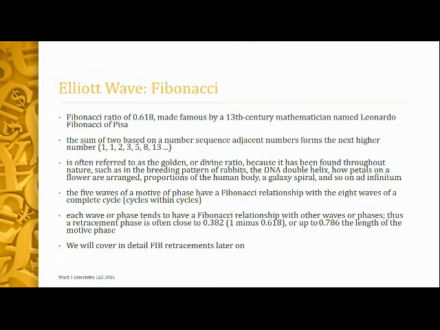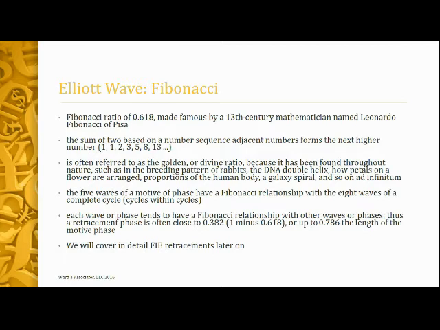It's found in how petals on a flower are arranged, portions of the human body, a galaxy spiral, and so on ad infinitum. Basically, Fibonacci is found throughout nature, life, building, and architecture. Fibonacci is an underlying key element in all that.